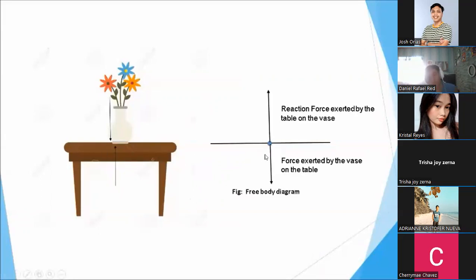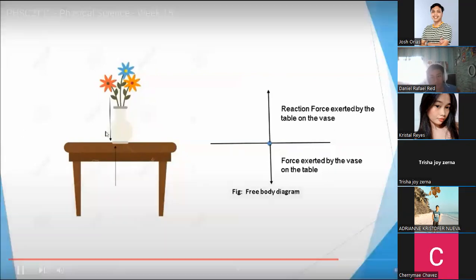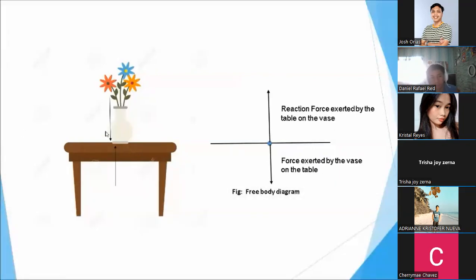So this downward arrow is the force exerted by the vase on the table. That is the action force. And then upward is the reaction force exerted by the table on the vase. This is just an example.